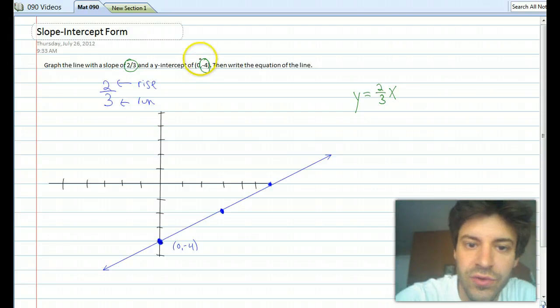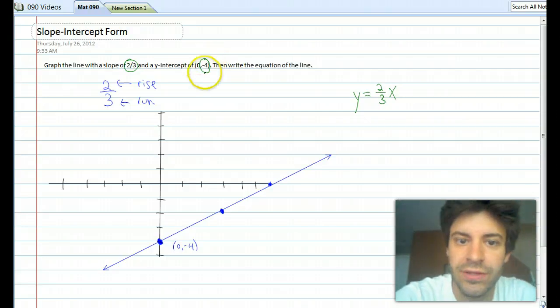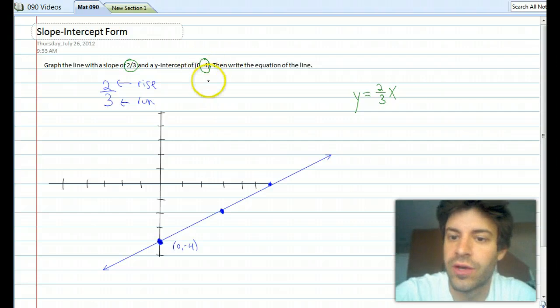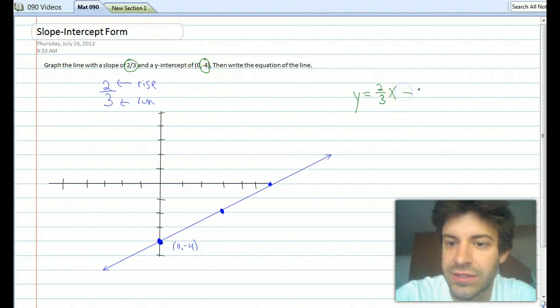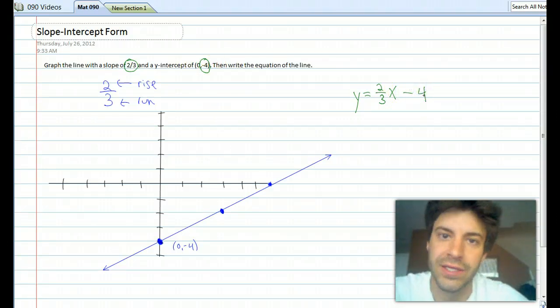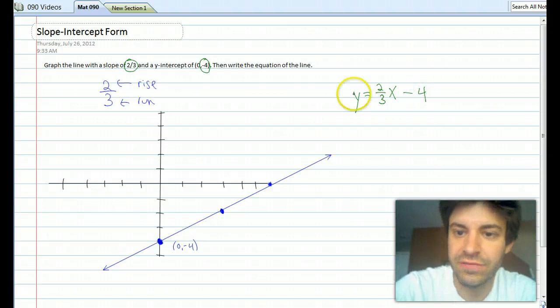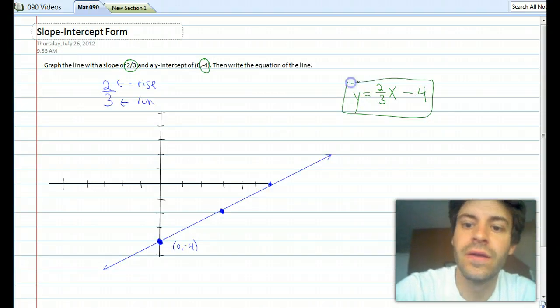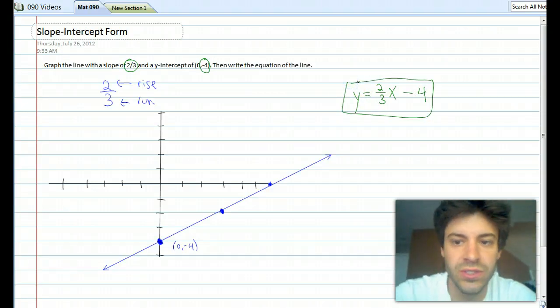Then whatever the value of the y-intercept is, we write right next to that. So in this case, minus 4. The equation of our line is simply y equals 2/3 x minus 4.